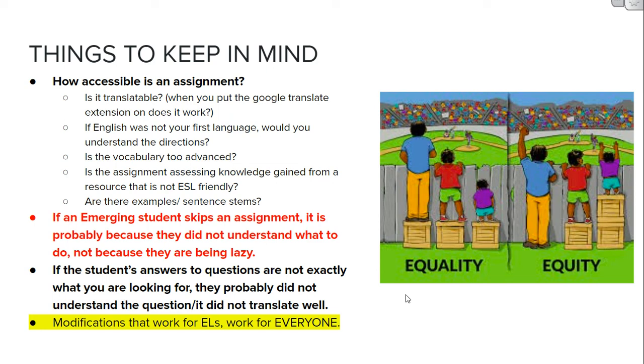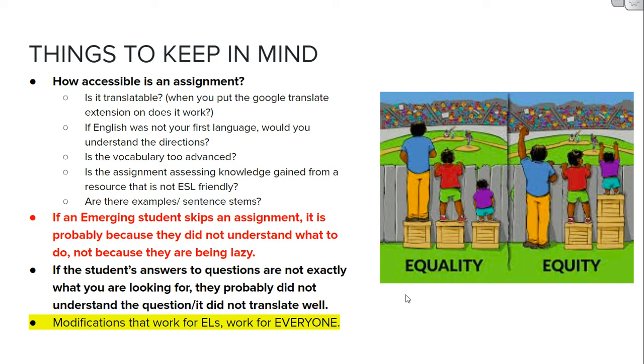A special note: if an emergent student skips an assignment, it is probably because they did not understand what to do, not because they're just being lazy. When in doubt, assume that your emergent student is lost and does not know where to start.